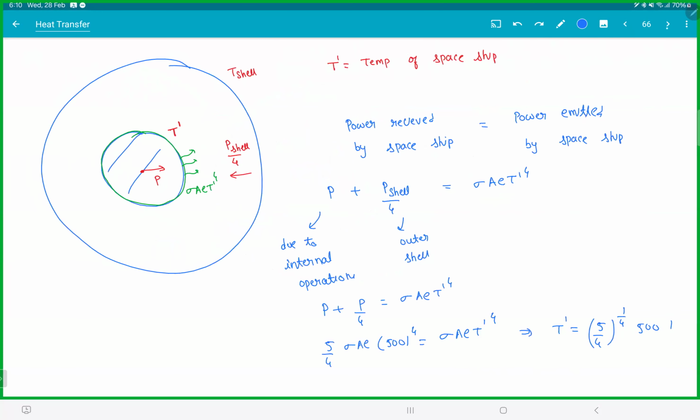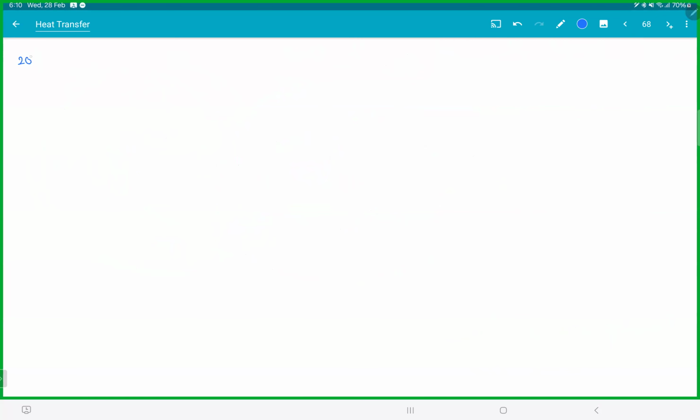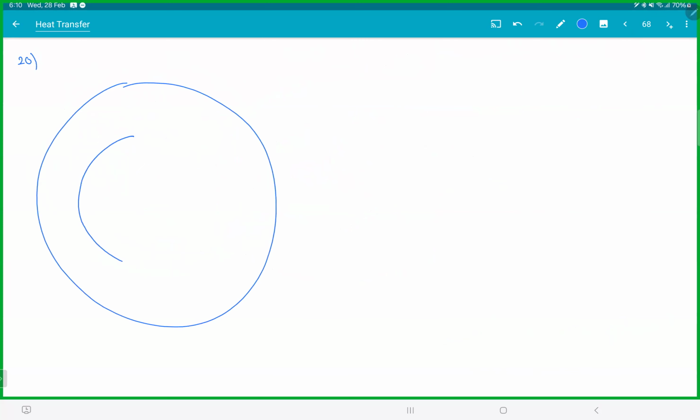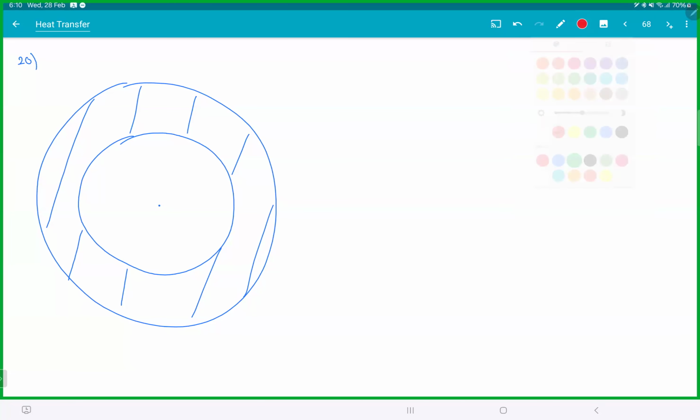Next one. We have a solid sphere with a cavity. In the middle, we have a heater.